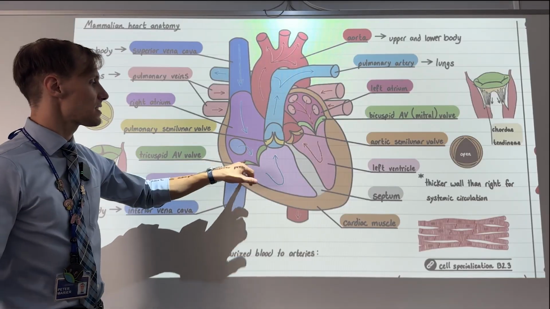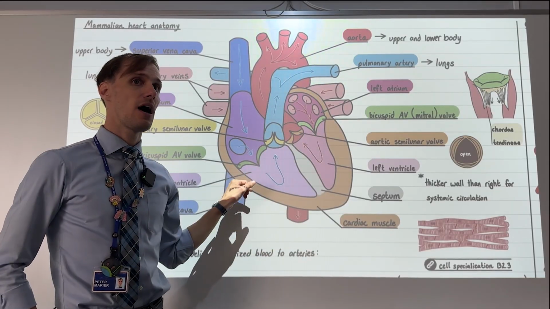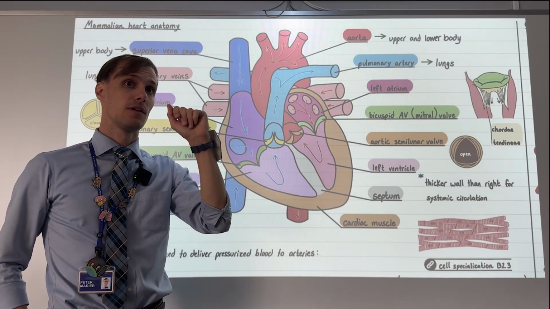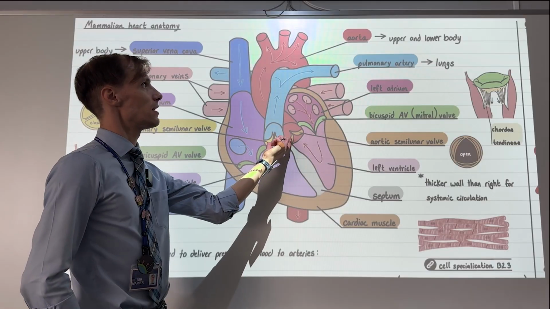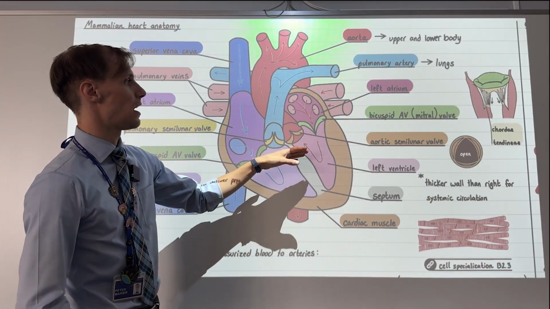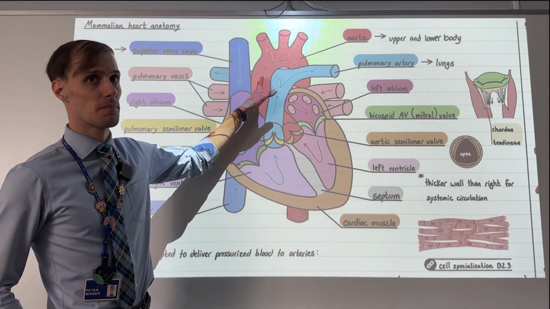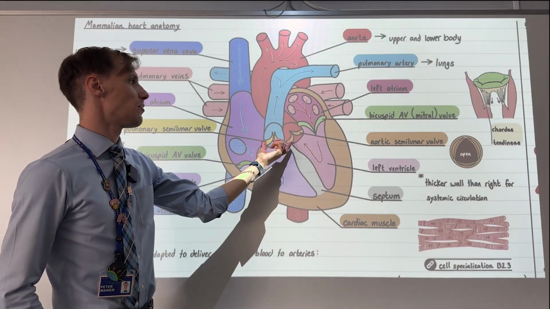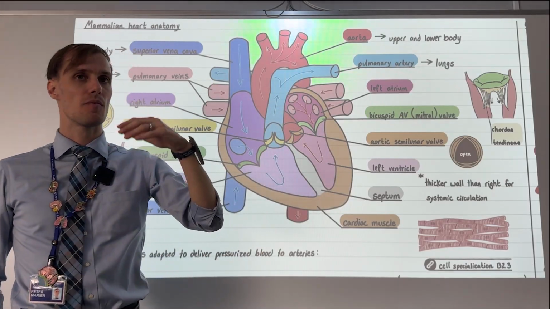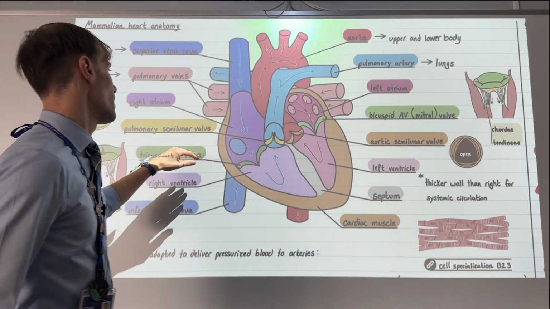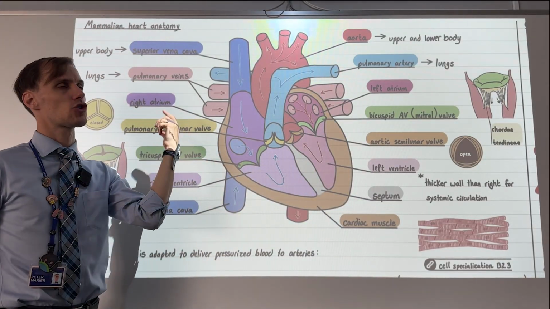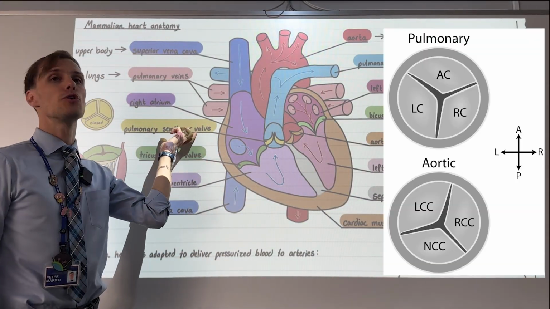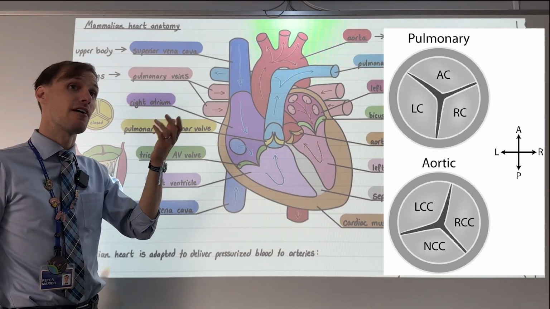Now, notice I've so far only talked about 2 different valves. There are 2 other valves. And these are the valves that are leading to the pulmonary arteries and to the aorta. Because again, I don't want blood flowing backwards. Now, these valves have a different name, and these names come from, again, describing their shape. Semilunar, what does that mean? Half a moon.